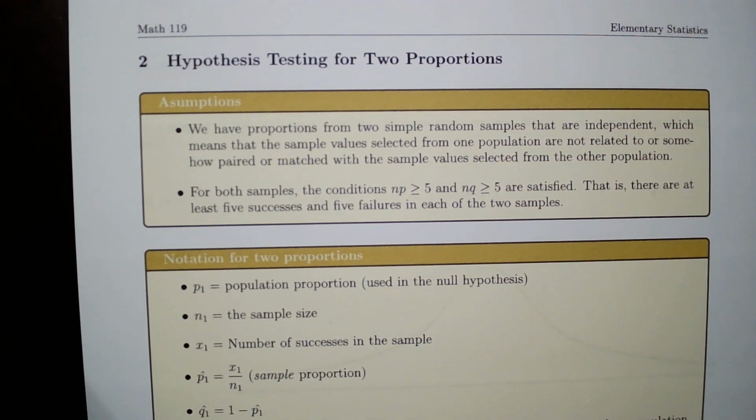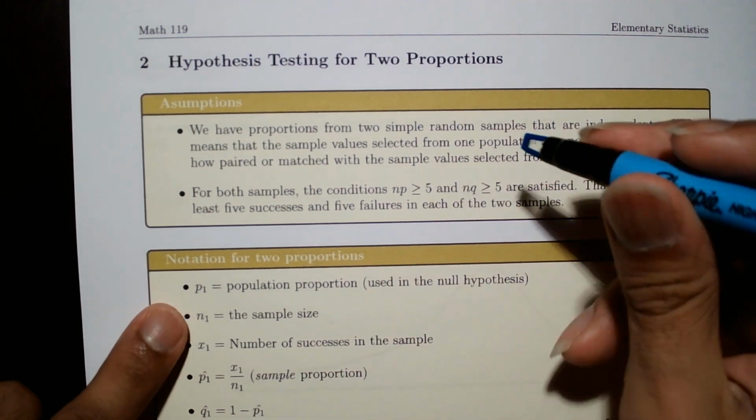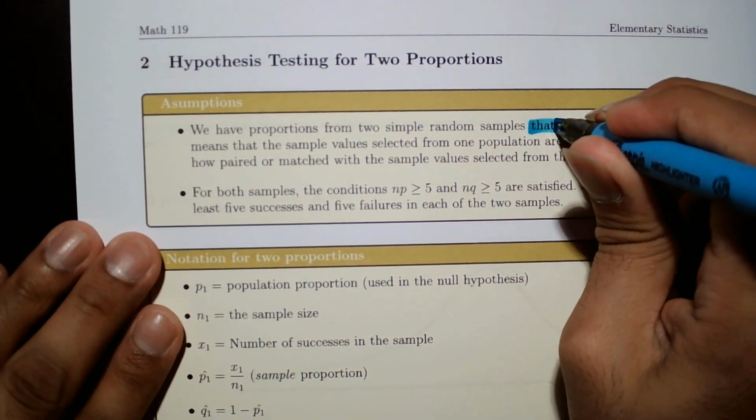In this case, the assumption that we need to take into account is that we look for two simple random samples that are independent.